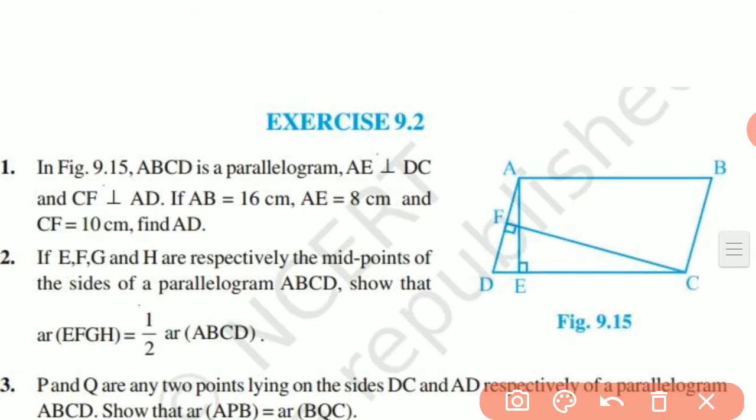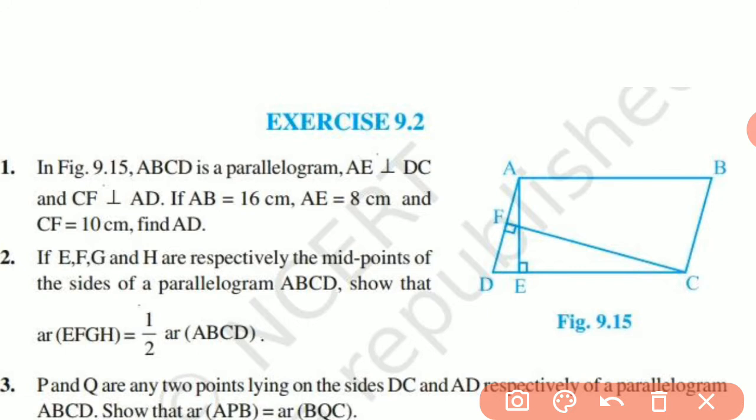Here it is given that in this figure ABCD is a parallelogram and AE is perpendicular to DC and CF is perpendicular to AD.